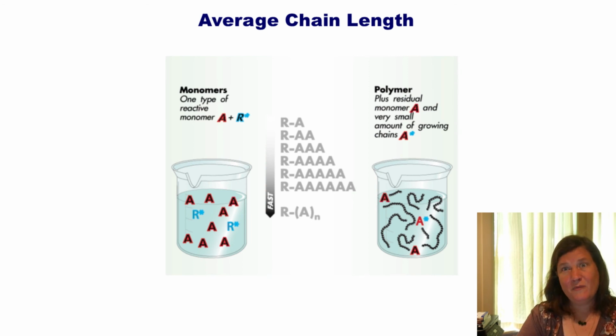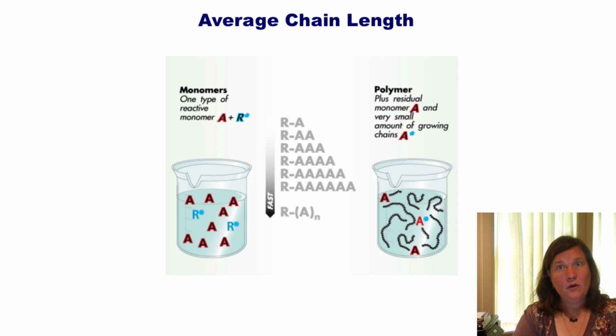Now, one thing we really want to know is what's the average chain length? What's the degree of polymerization? And specifically, the number average degree of polymerization is what we're going to be able to calculate. With step growth, we used statistical methods and we included everything.